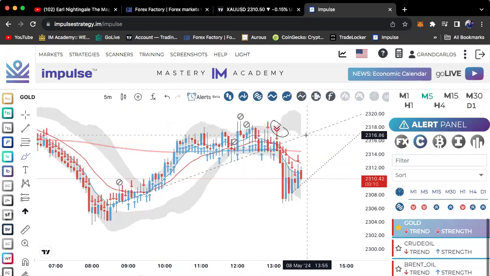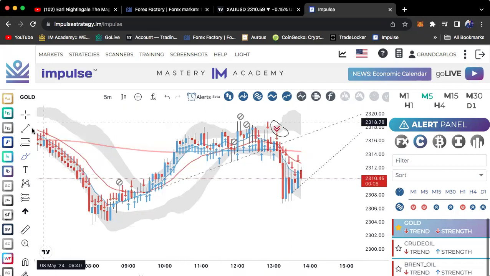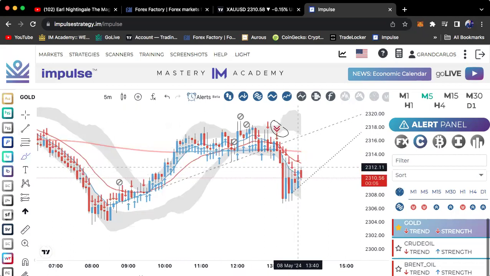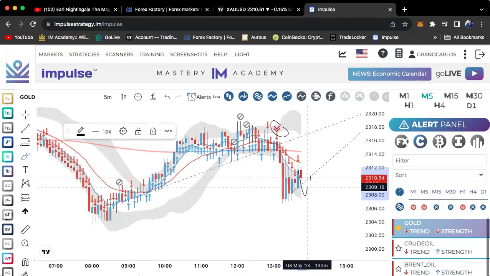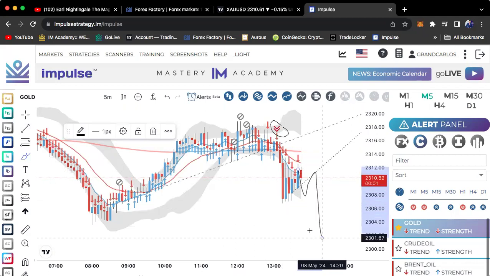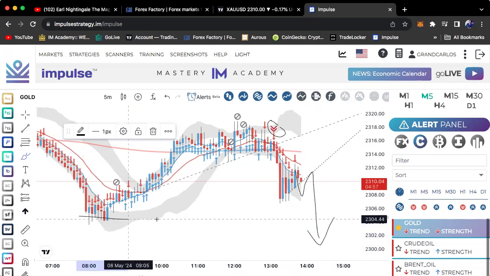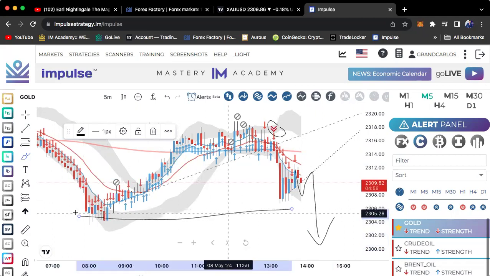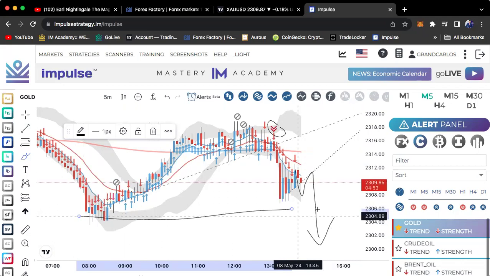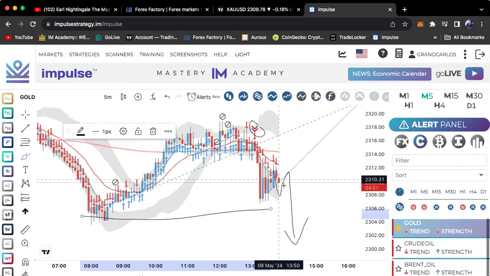And then you get these micro pivot lines here. Now if price goes something like this, boom, and 2305 is right here. If it breaks below the zone here, then that's a continuation.